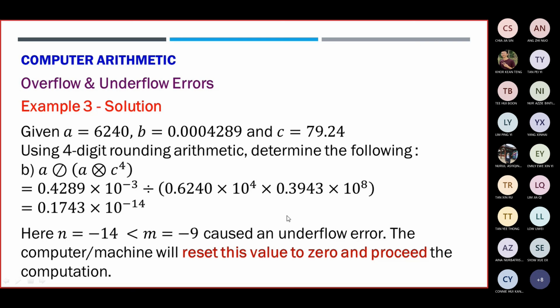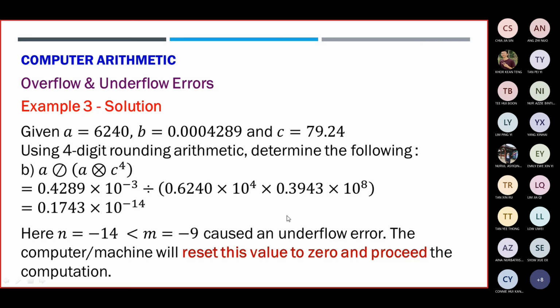As you can see, the n value is minus 14, which is less than the given range of minus 9 to 9. So this we call an underflow error, and the computer will assume that the number is 0.